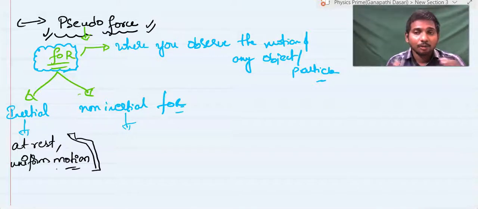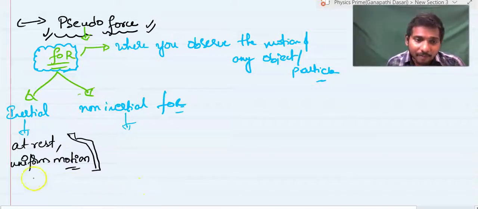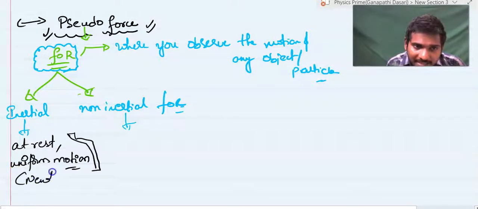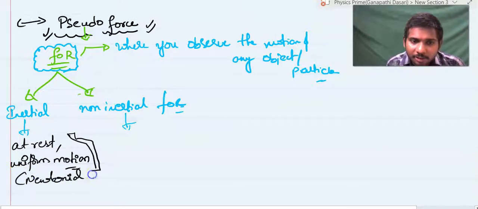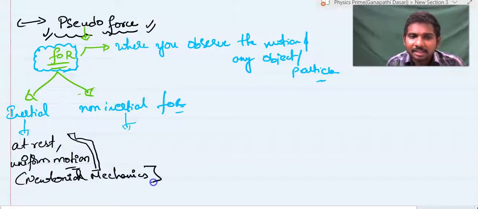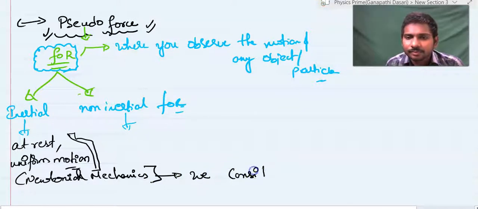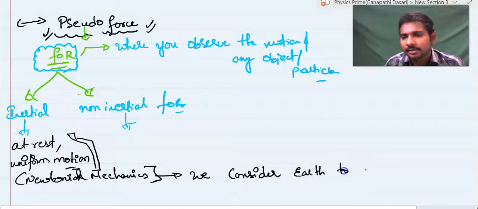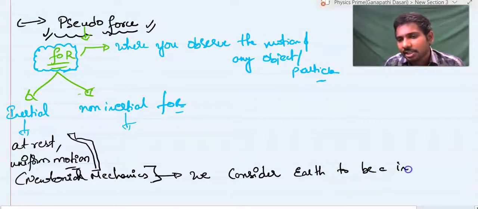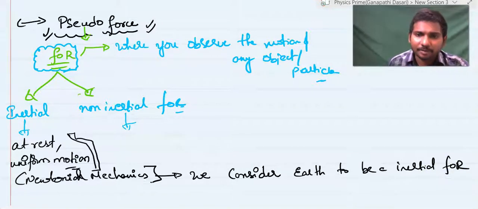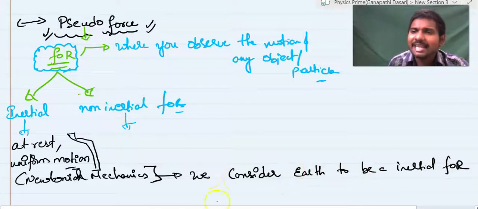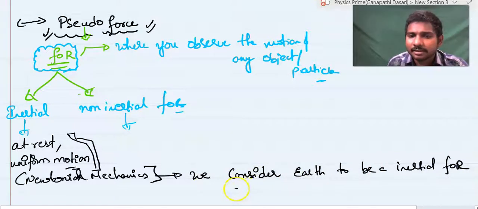But for our practical purposes, for at least solving Newtonian mechanics, all Newton's laws of motion that we are studying here, we consider Earth to be an inertial frame of reference, and we observe things with respect to Earth.